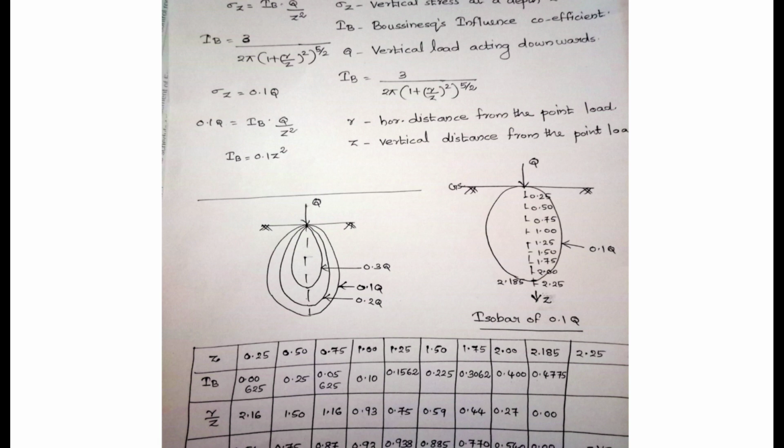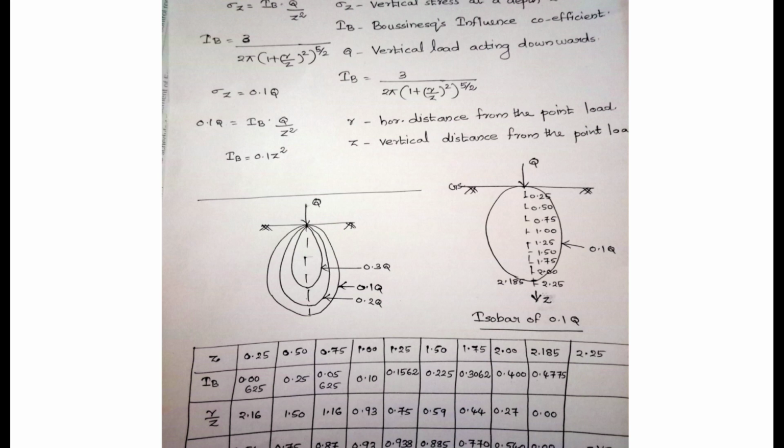Then what is a pressure bulb? The pressure bulb is the zone within which the stresses have a significant effect on the settlement of structures.